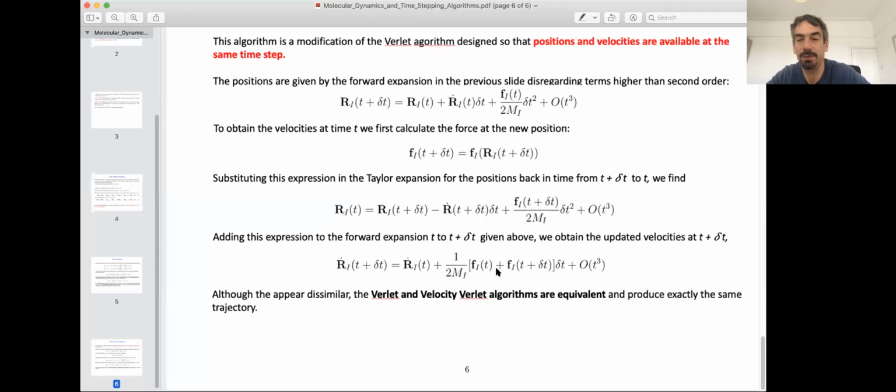So that's acceleration, right? But the interesting thing in that algorithm is that to calculate the acceleration, you need the forces at the current time and at the time that you're stepping to. But this Fi of t plus delta t, you can calculate because I know already the positions at t plus delta t.